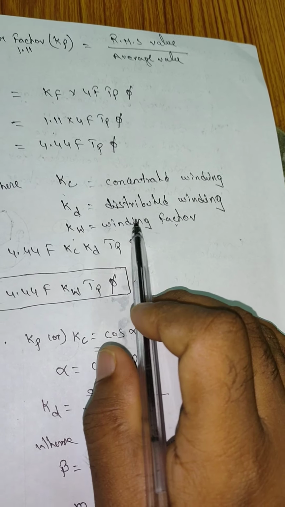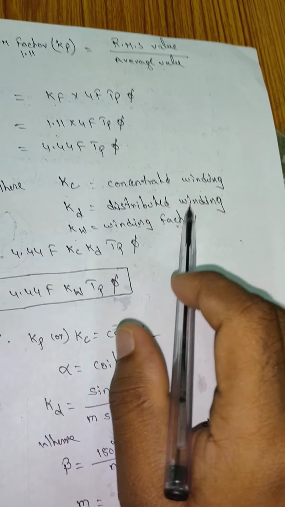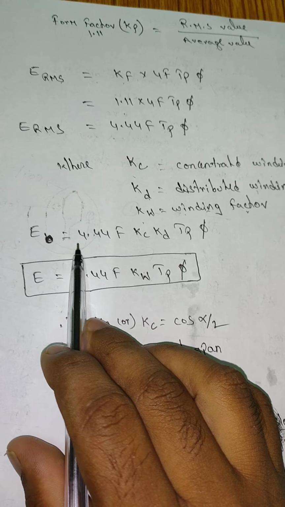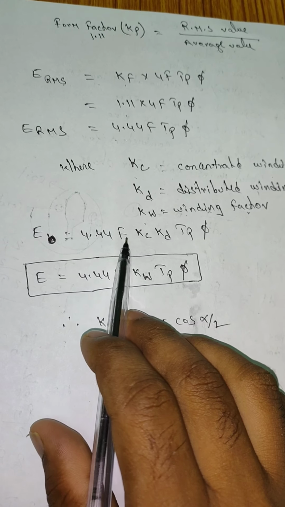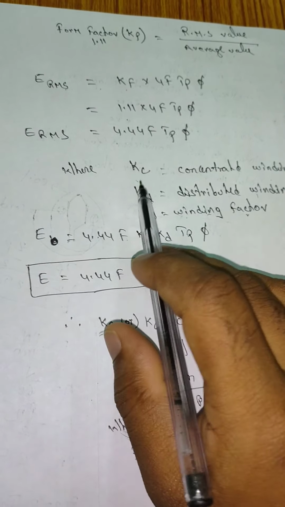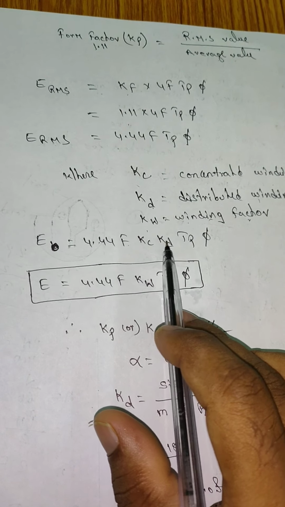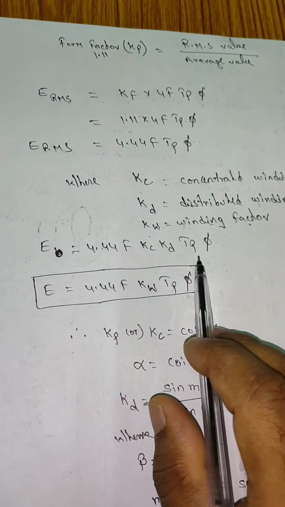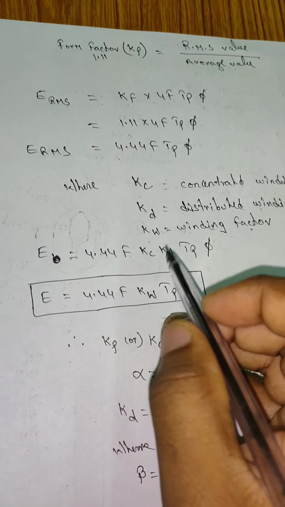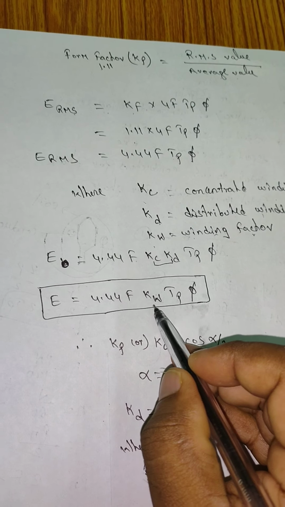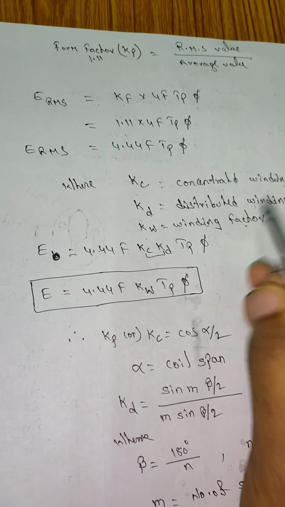The combination of Kc and Kd we call the winding factor. Now you just multiply with the winding factor. Now you will get E RMS is equal to 4.44 f, and you multiply Kc into Kd. Now this is the winding factor. Now Tp into phi. You combine this and write it as Kw, that is nothing but the winding factor.